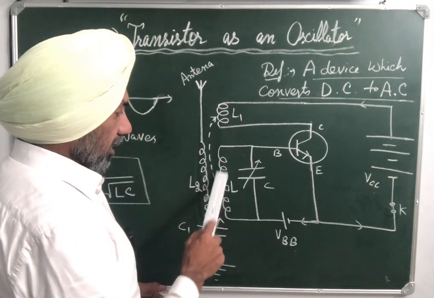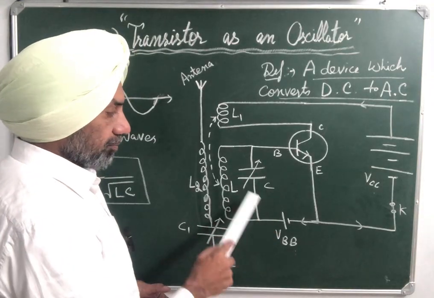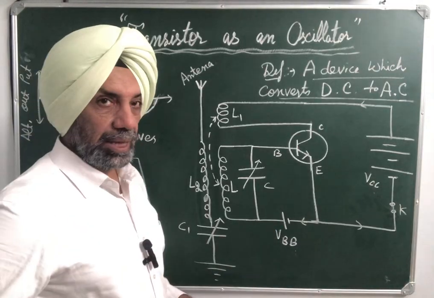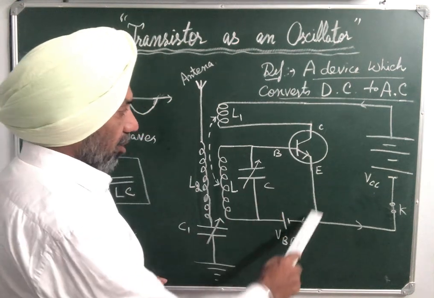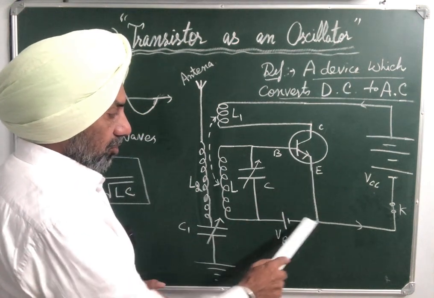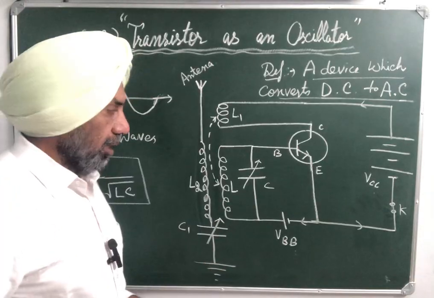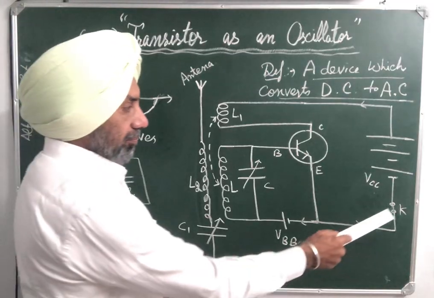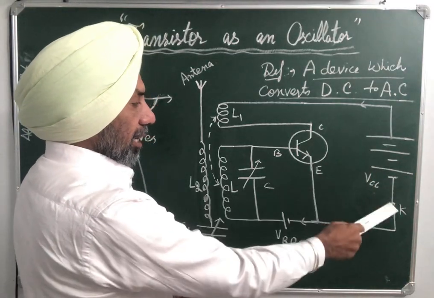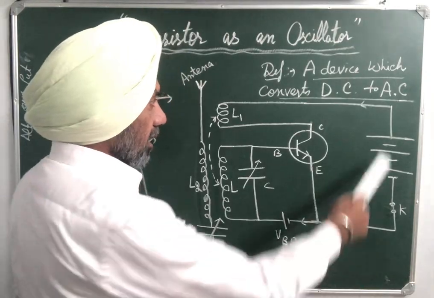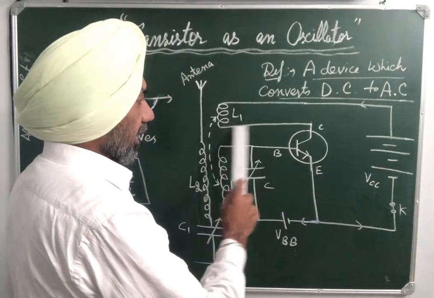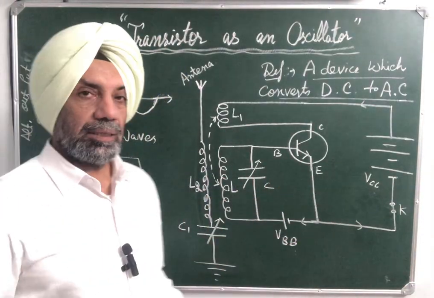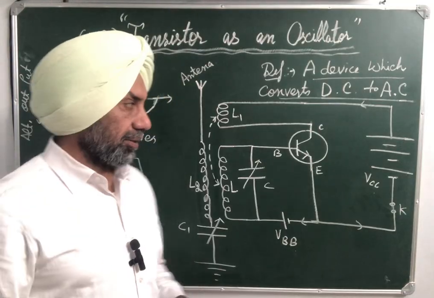This is the input circuit, inductor L and variable capacitor C connected to the base emitter battery, and this circuit is forward biased because it's NPN, so N to negative, P to positive. This is basically known as the tank circuit. And here we have a key and a DC source of supply voltage connected through inductor L1 to the collector. So this is the circuit diagram for transistor as an oscillator.